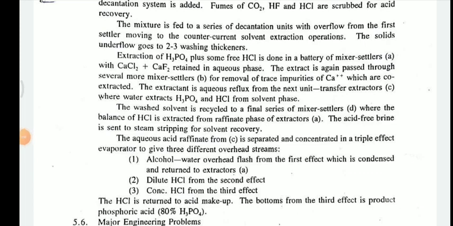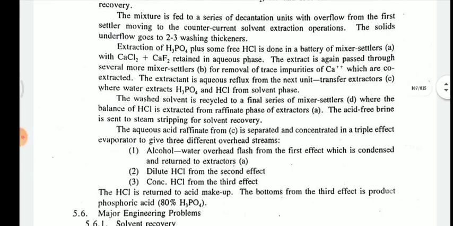so after two to three washings, the retained aqueous solution is sent again to the extraction phase and passed out from the mixer and settler, so that we can remove the impurities of calcium and magnesium which are extracted.